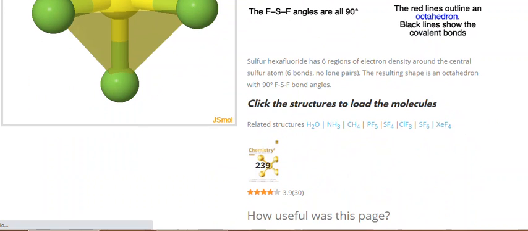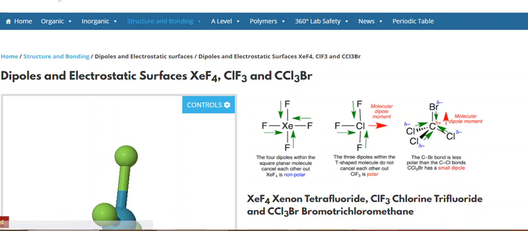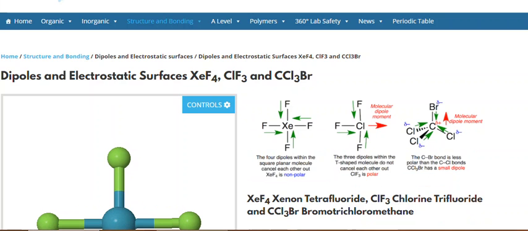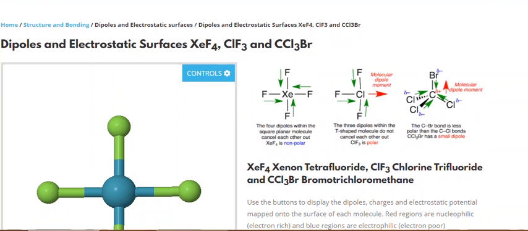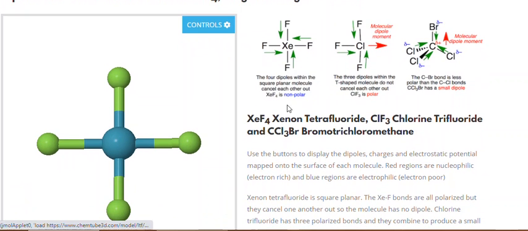Next, we see the dipole and electrostatic surfaces of xenon tetrafluoride, chlorine trifluoride and bromotrichloromethane. The 4 dipoles within the square planar molecule cancel each other out. This is xenon tetrafluoride, which is non-polar.